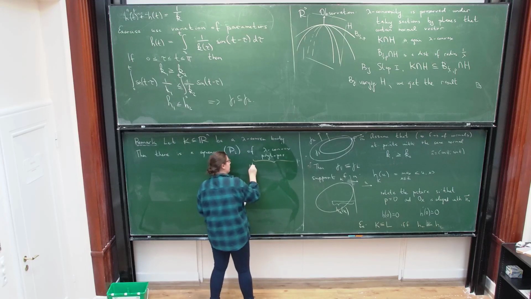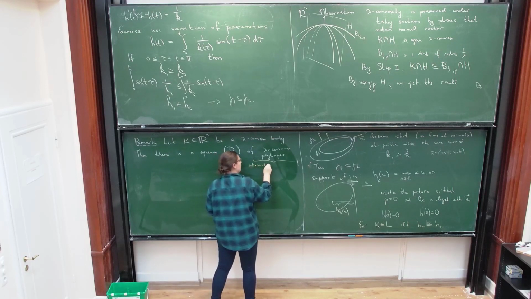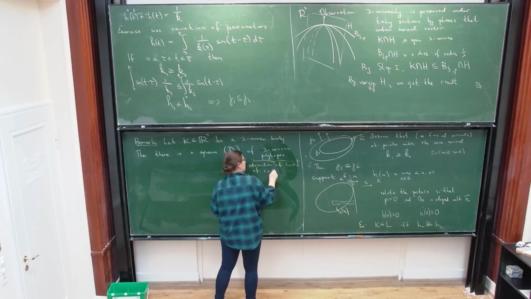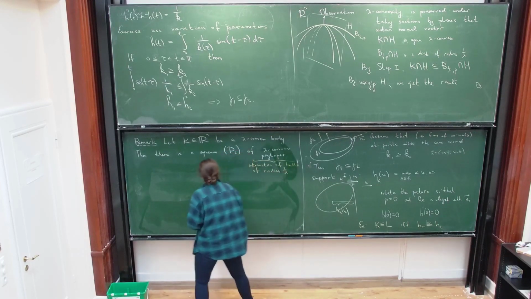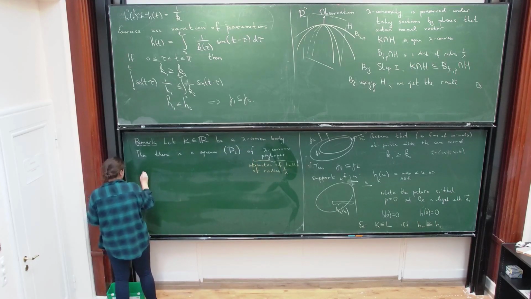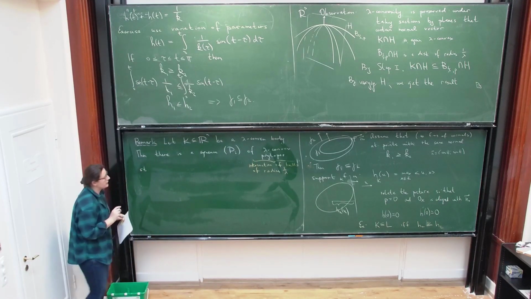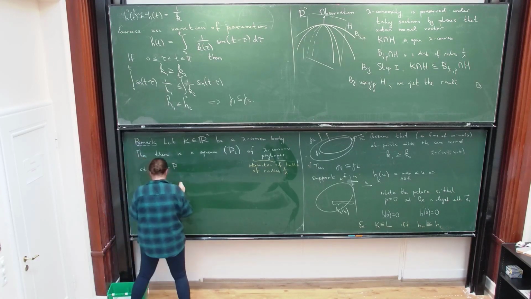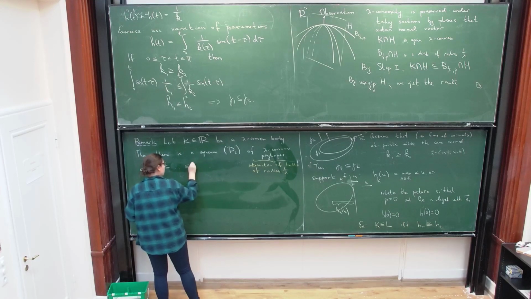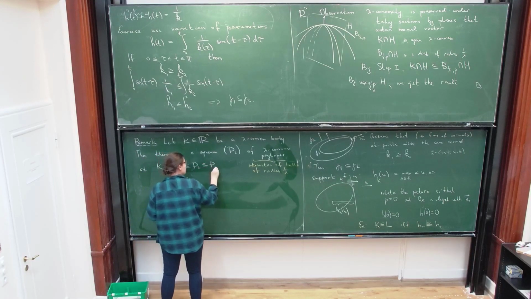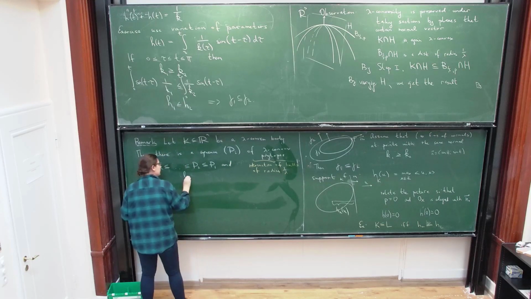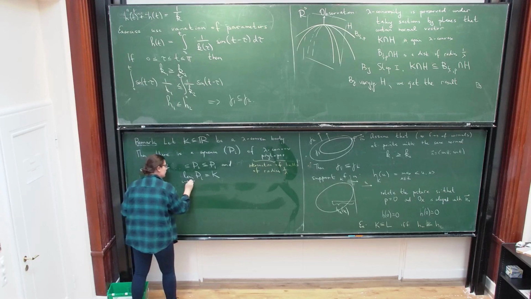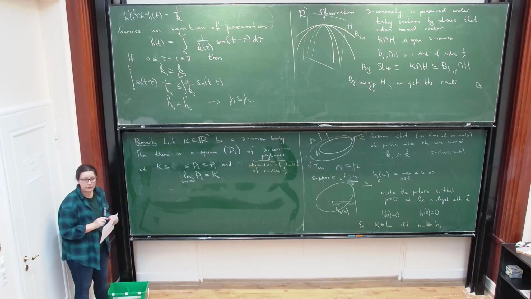So this is just an intersection of balls of radius 1 over lambda. One can even construct a nested sequence of such polytopes such that in the limit, with respect to the Hausdorff metric, we get the body K.